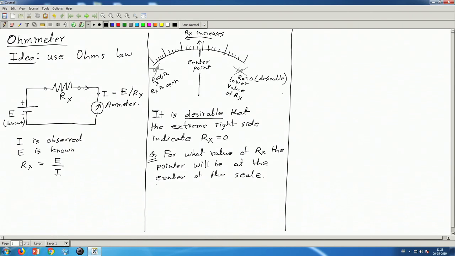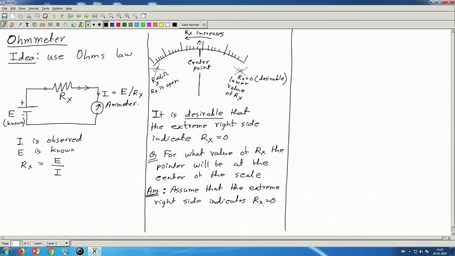So, to answer this question, we will assume that the extreme right side indicates Rx equal to 0.